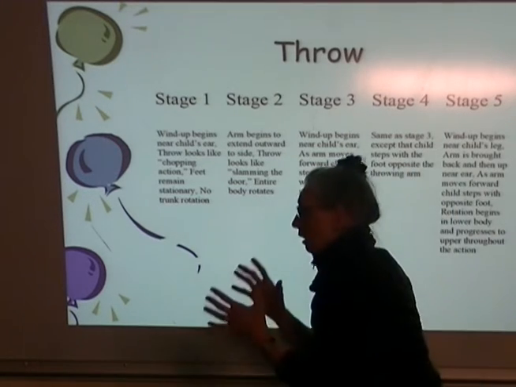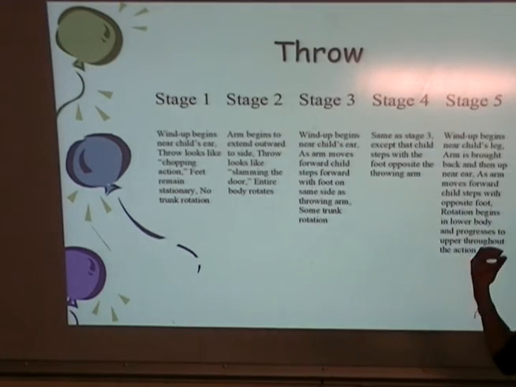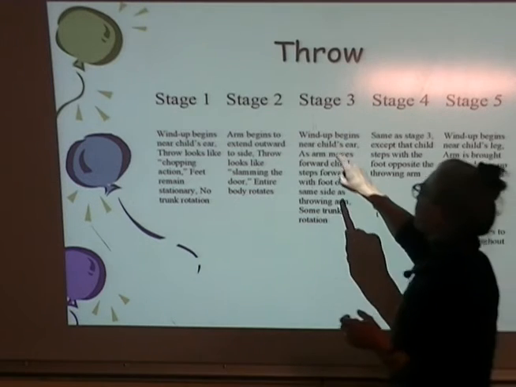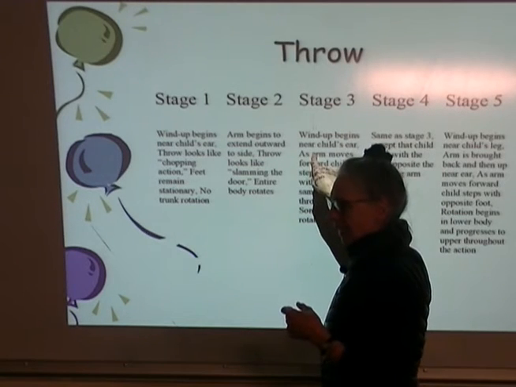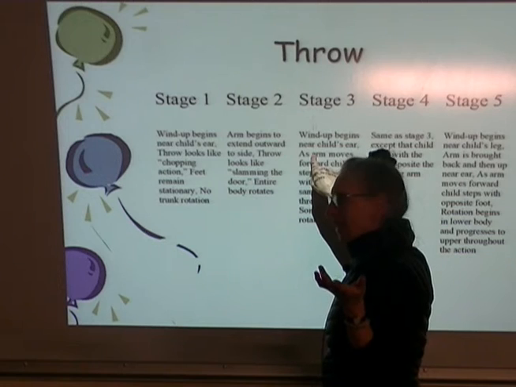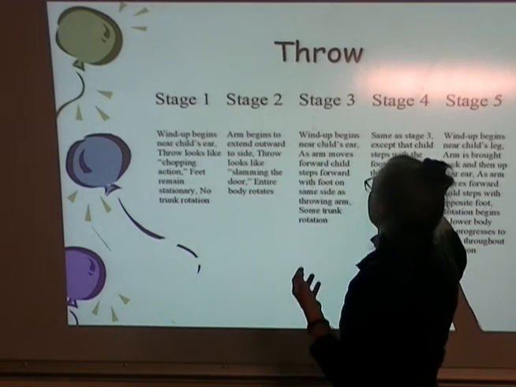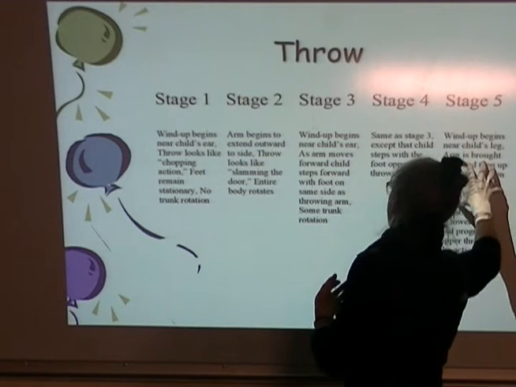Okay? So again, as the teacher, this is important to understand, right? Because if I want to teach someone how to throw a football, and they are in stage 3, we're not going to get very far, right? I have to get them to at least stage 4 and preferably stage 5.